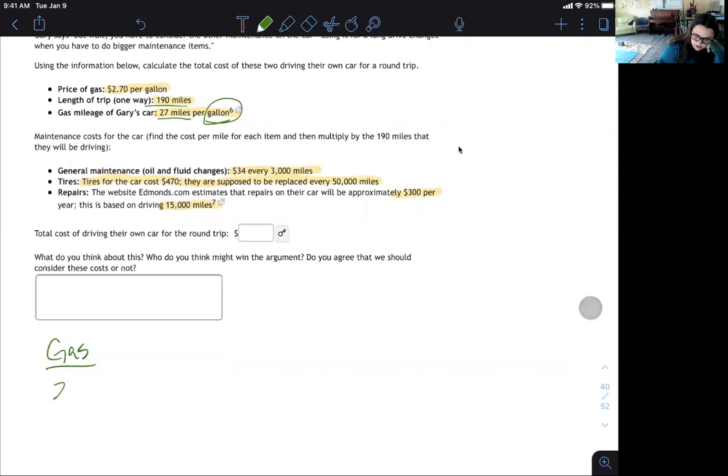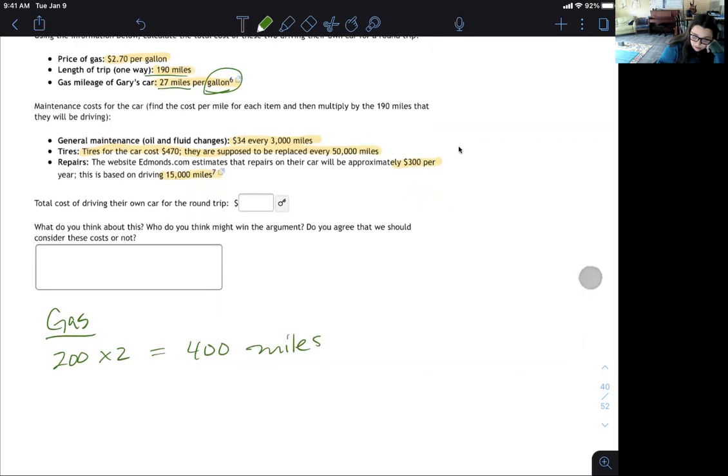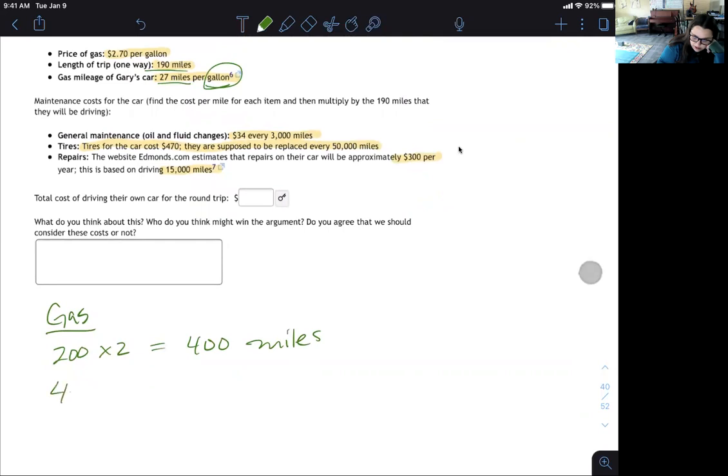So 200 times 2 gives us 400 miles. And then how many gallons of gas will I need? Well, if I take the 400 miles and divide it by 27 miles per gallon, how many gallons of gas will I need?